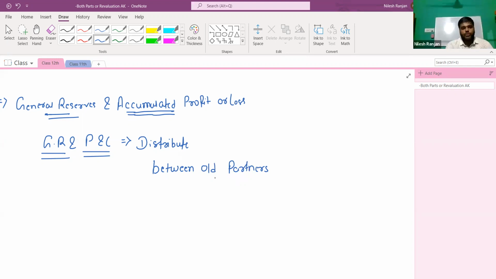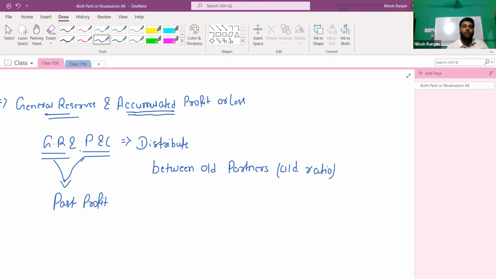And in which ratio are we going to distribute the general reserve and profit and loss? In the old ratio. Very good. Because both of these are also past profit. We have gathered and accumulated these profits in the past. So we have to distribute them in the old ratio, because old profit should be distributed in the old ratio.